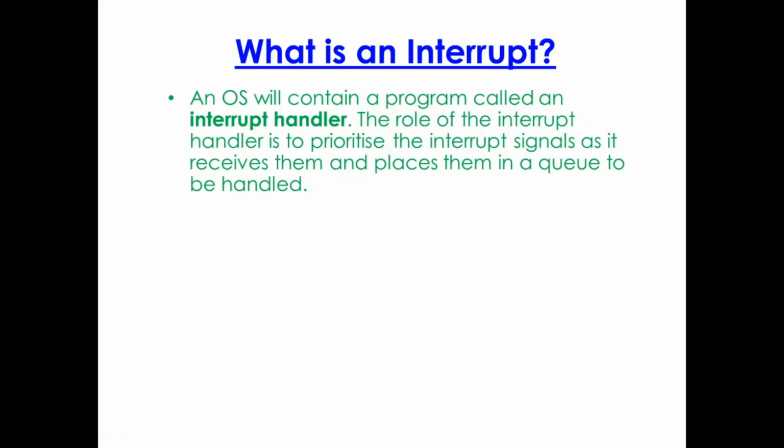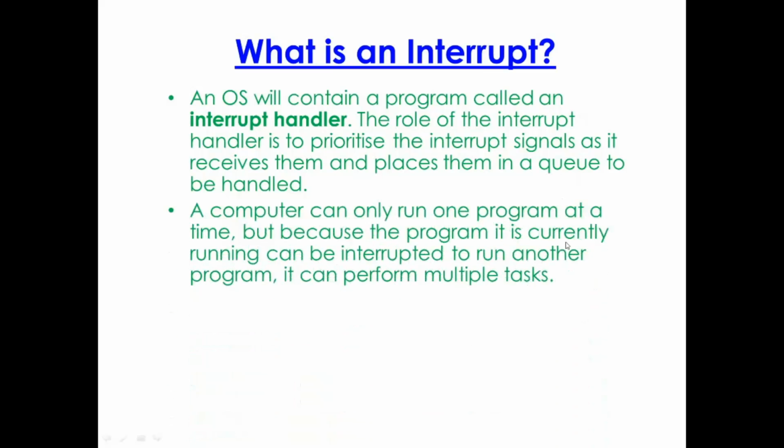Maybe some interrupts have the highest priority, so it means there cannot be any delay. Some interrupts may have a low priority, and what this interrupt handler will do is put it in a queue. Queue means a list, and this list will be executed according to the priority.